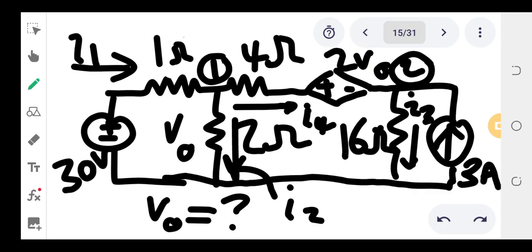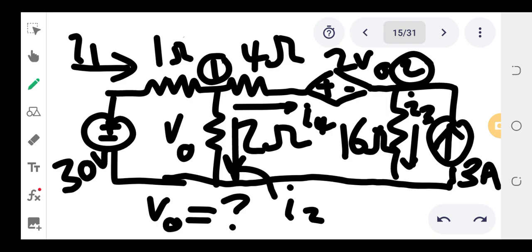So we move to I4. On I4, we do have the voltage at node 1. Now here we have the voltage source. On the voltage source here, we have the voltage drop, since current is entering the positive terminal. Current is supposed to enter through the negative terminal and leave through the positive terminal. Now it is entering through the positive terminal, so there it is a voltage drop, a decrease in voltage.